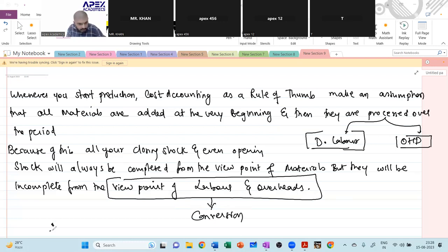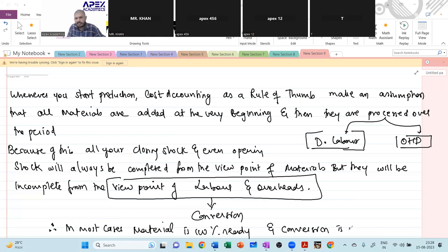Therefore, in most cases, material is 100% ready and conversion is partially ready. This is a concept note.